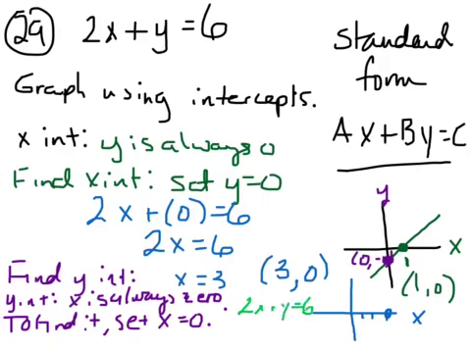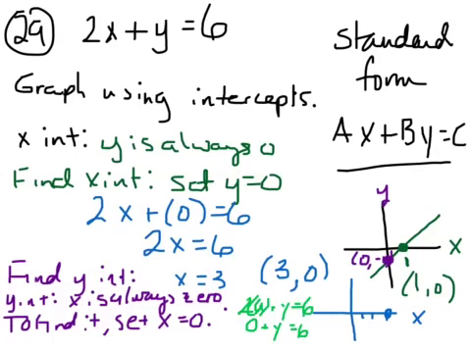If I set x equal to 0, that just becomes 0 plus y equals 6, because 2 times 0 is 0. I could have covered the whole x term up with my finger or my hand, and I would have the equation that I got to solve there. And actually, I don't even have to do anything to it. There's not even any dividing on this one, because it's just y equals 6. There's my y-intercept.